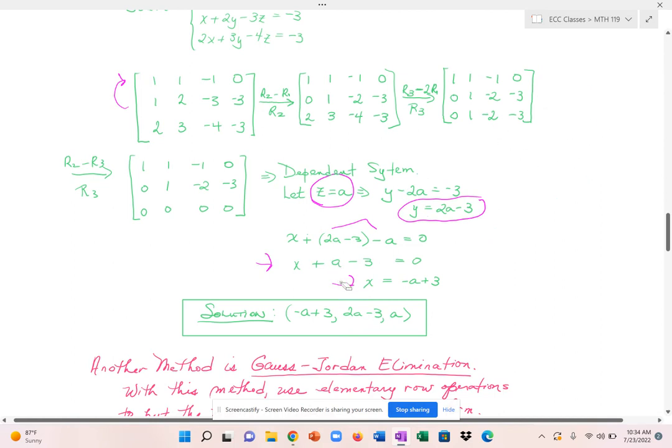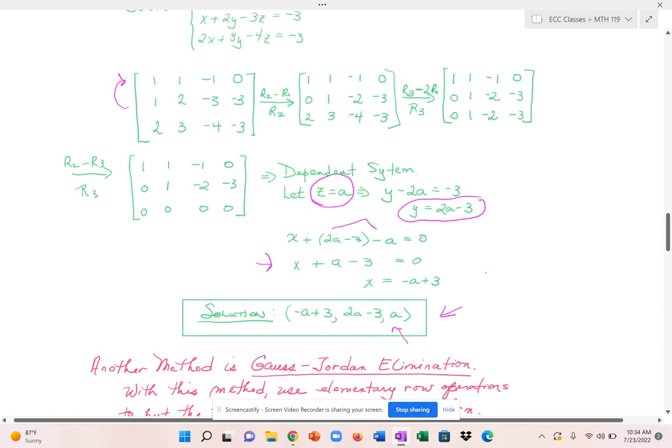So now I have my three answers where x is negative a plus 3, y is 2a minus 3, and z is a. So that means for any value that you plug in for a, you get a solution for x and y.